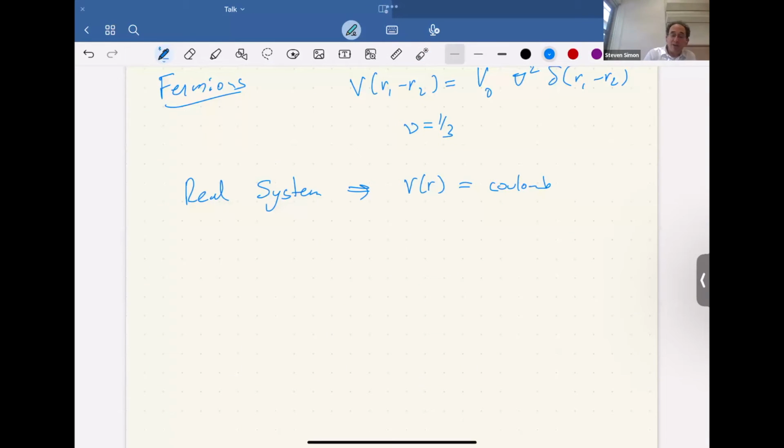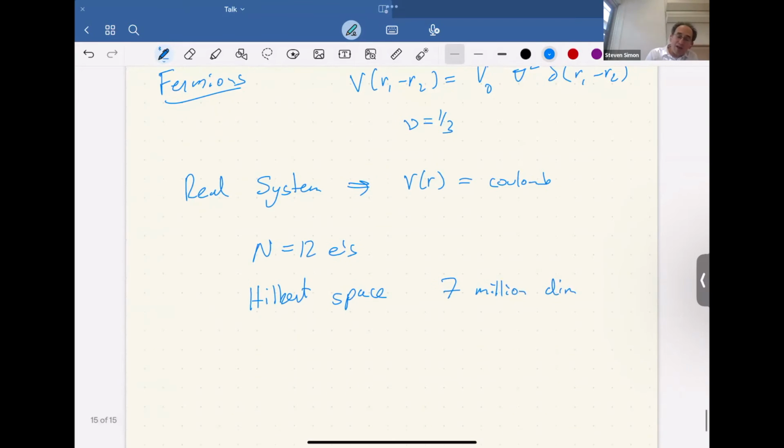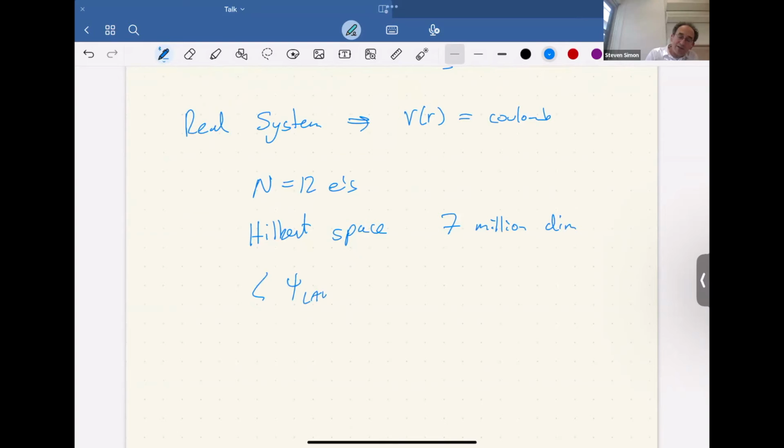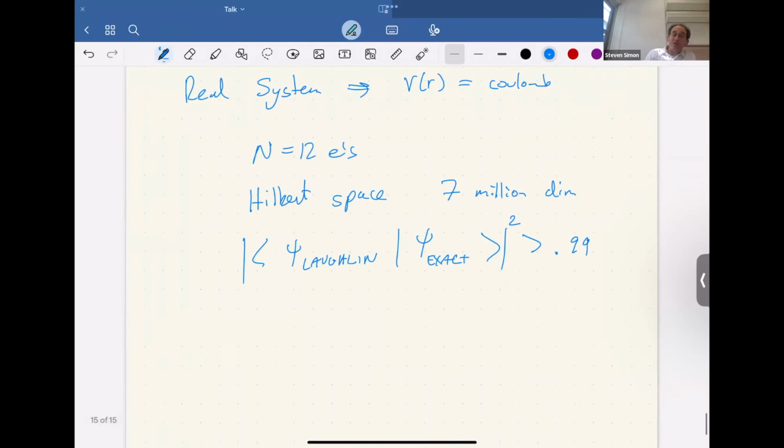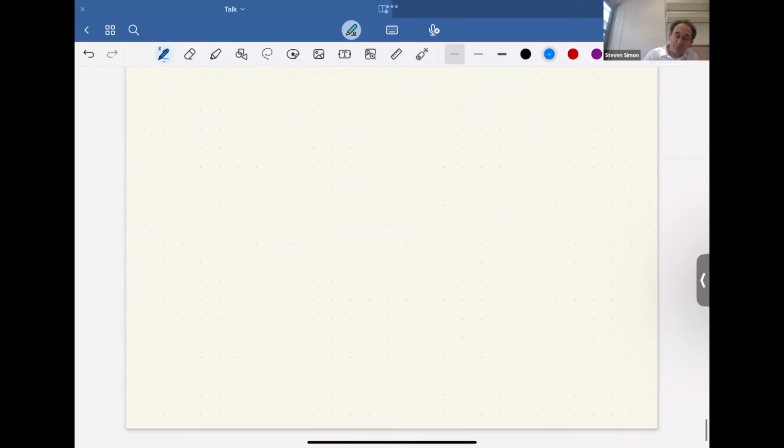And the numerics tell you that if you take a system with 12 electrons, for example, the Hilbert space size is something like 7 million dimensional. And the overlap of Laughlin with the exact ground state, which you get from exact diagonalization, is greater than 0.99. So it's not exact, but it's really, really close to exact.